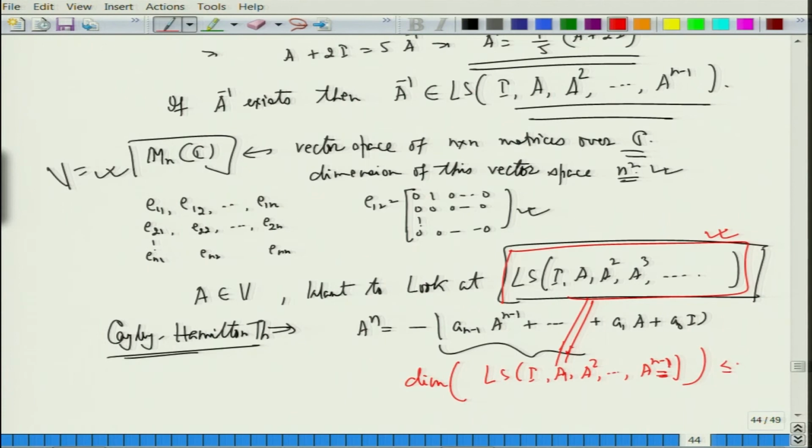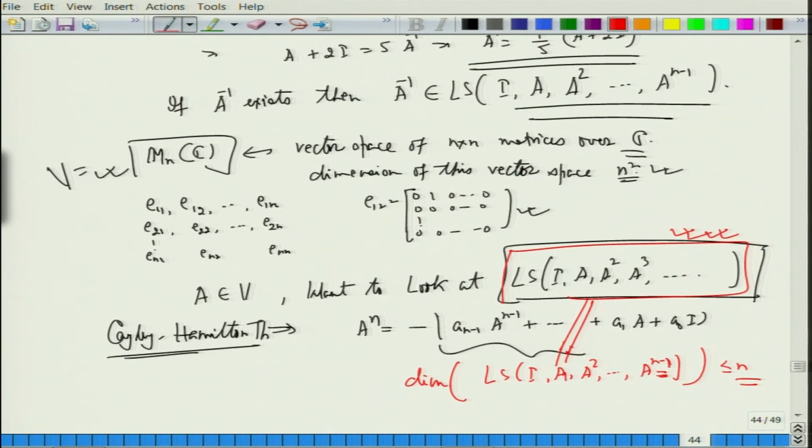So, the dimension of this is less than or equal to n. That is important. This linear span has an infinite number of powers of A, but there is no need to go to all the infinite powers. I just need to go till the power n minus 1. It also tells me that its dimension is less than or equal to n, not n minus 1. I wrote it wrongly, because there are n vectors here.